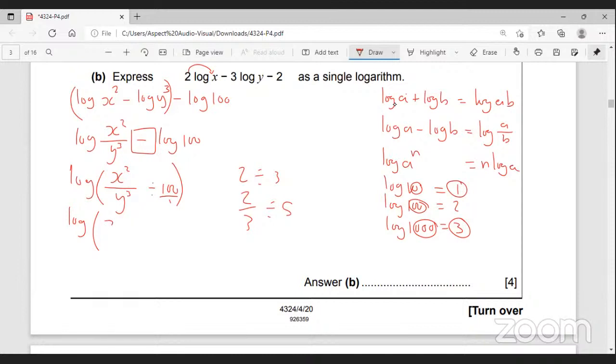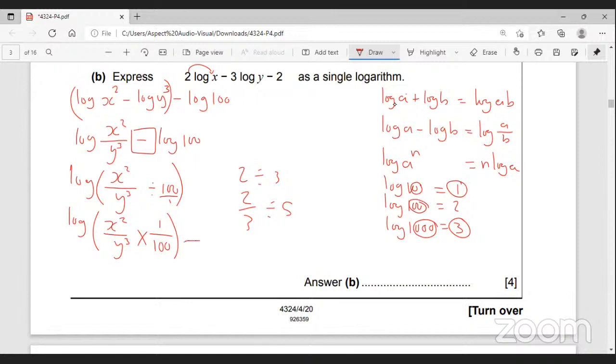Okay, so you need to put in these basic concepts. So this is going to be x squared divided by y cubed multiplying 1 over 100. Okay, and remember when you multiply fractions, a numerator multiplies a numerator, a denominator multiplies a denominator. So you should be able to know that.